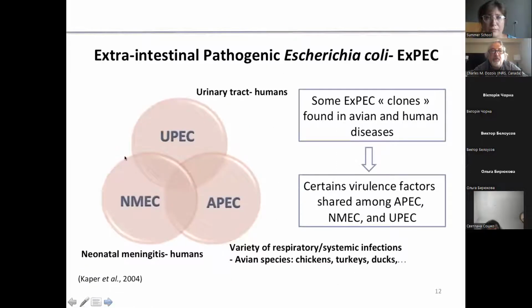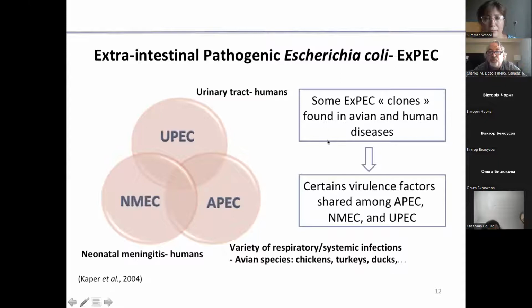So there's an overlap in some of the clonal groups or the clonality of E. coli that can cause certain types of infections. And so clearly there are certain groups that are only causing urinary tract infections in women, or in some cases men as well, that are not commonly found in poultry, but there are others that overlap.